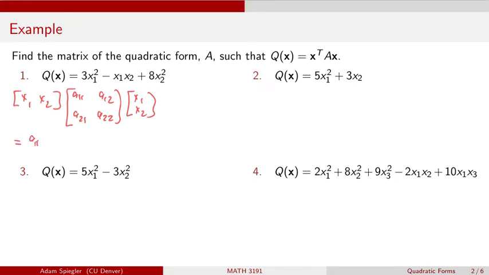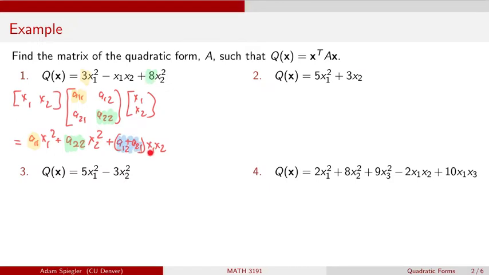Taking the product and multiplying this out, we're going to get a11 x1 squared plus a22 x2 squared plus a12 plus a21 times x1 x2. We can see that a11 is going to be the term 3 in front of x1 squared, and a22 is going to be the 8 in front of the x2 squared.